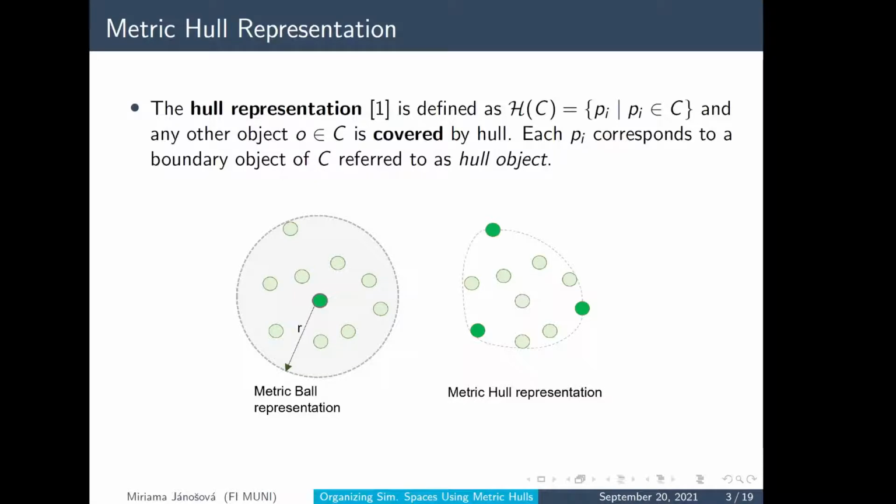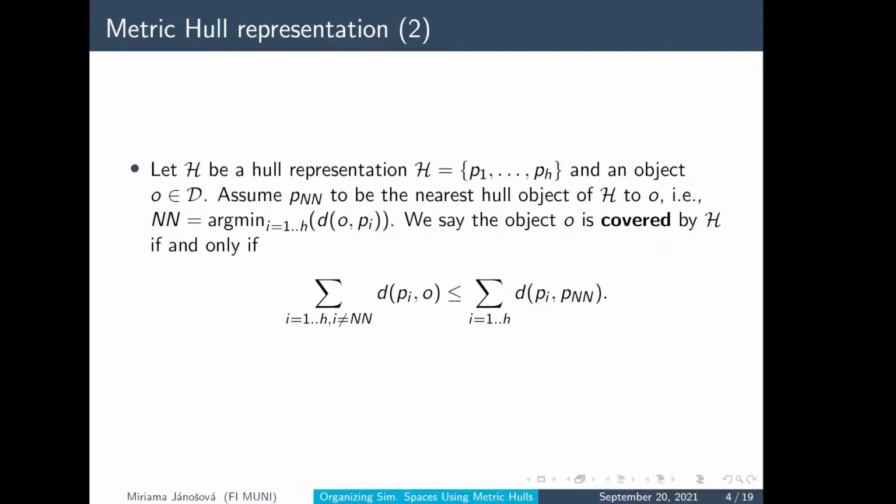For a metric hull to be useful, it is necessary to define a test that decides whether a new object is covered or not. Let us have some hull representation H that consists of objects P1 to PH, and then some other object O from the database.